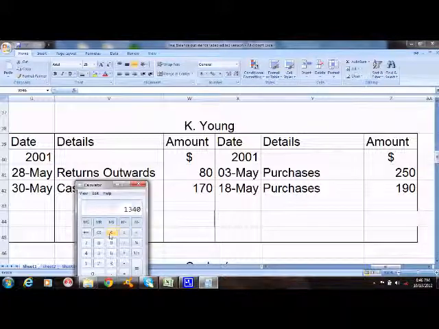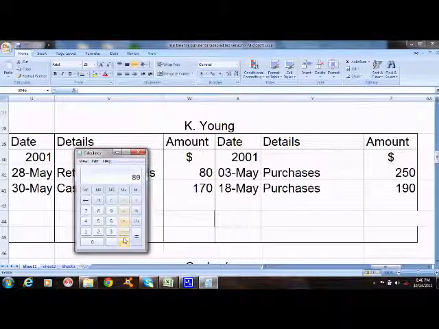We're going to add the debit side first, right? 80 plus 170 equal to 250, right? We add the credit side now. 250 plus 190. Notice now that which side is greater? The credit side is greater.